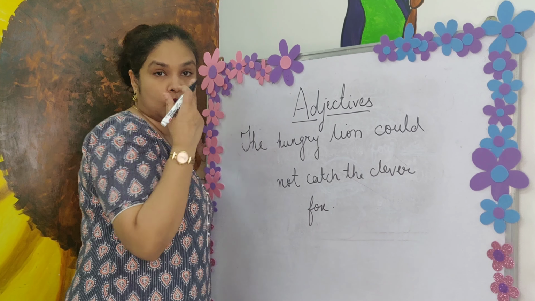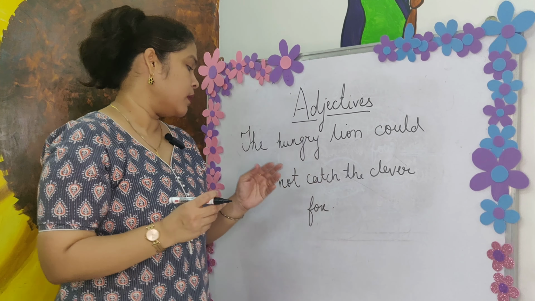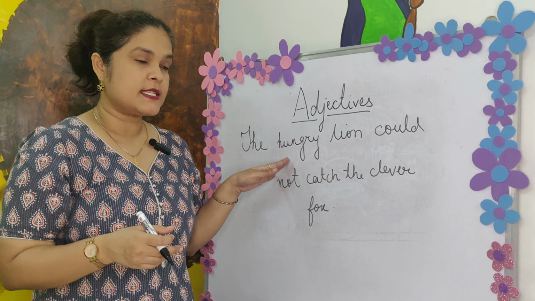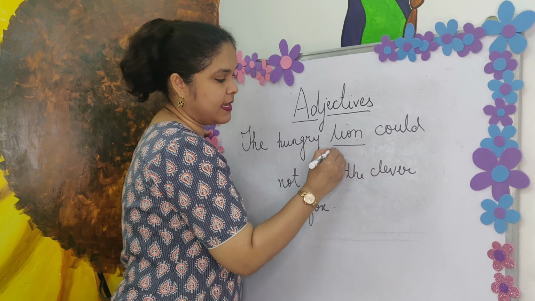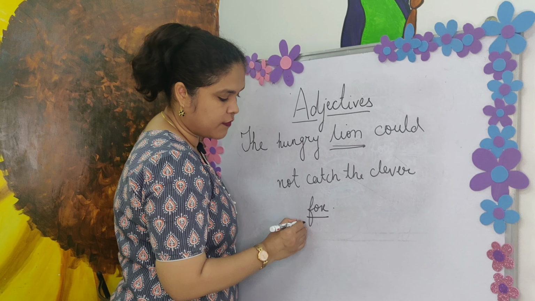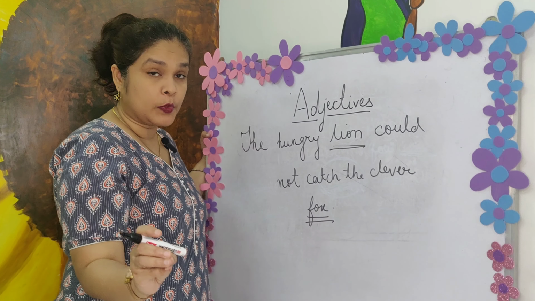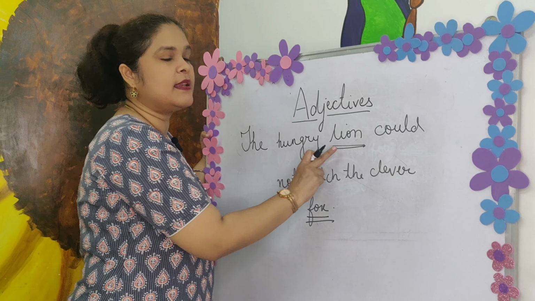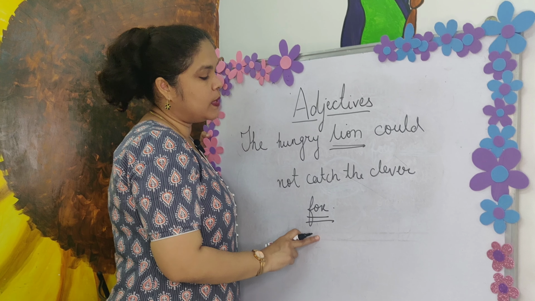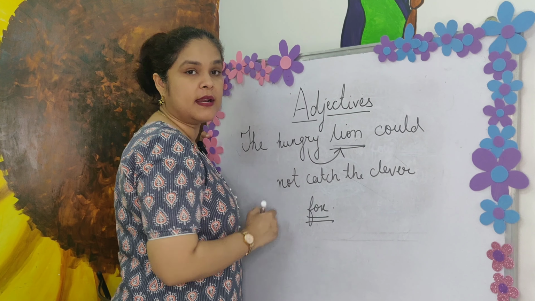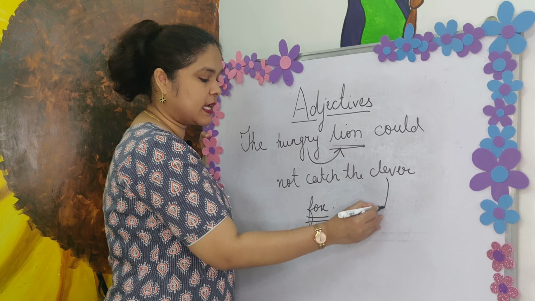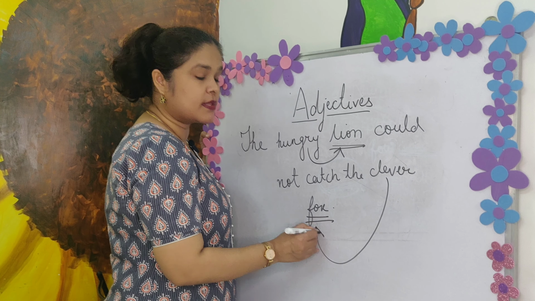What do we do? We first find the noun. In this sentence, can you find out the nouns? Yes, it is lion and the fox. So which are the words which are describing the lion and the fox? We can see that the word hungry describes the lion and the word clever describes the fox.